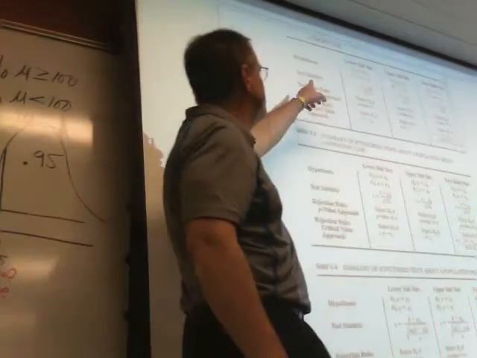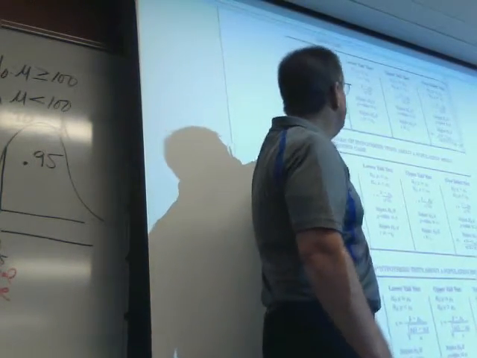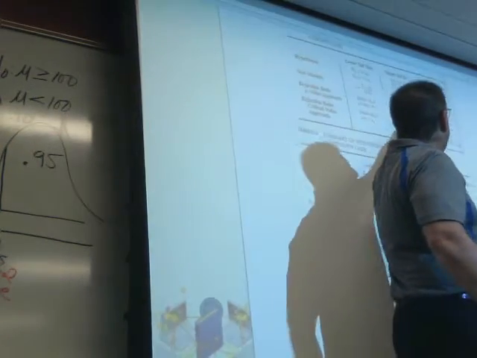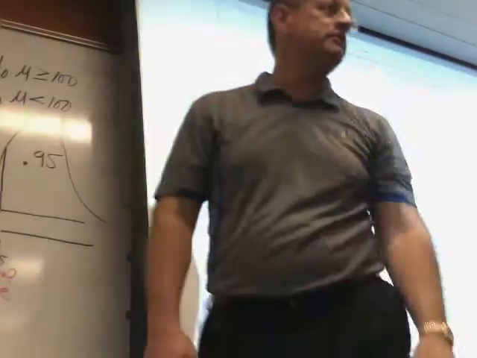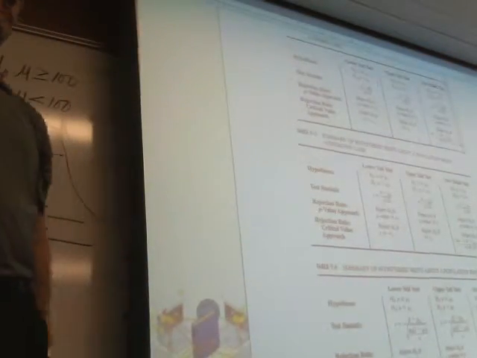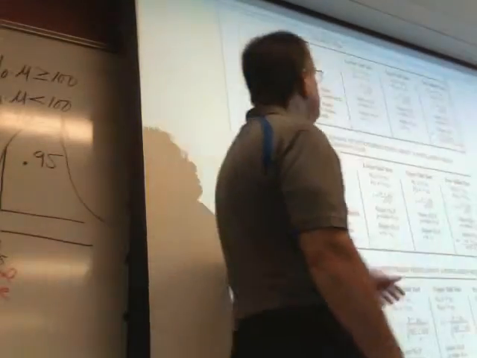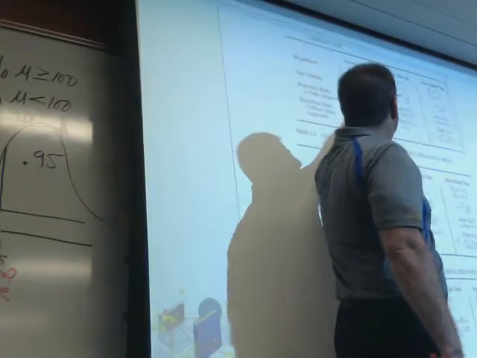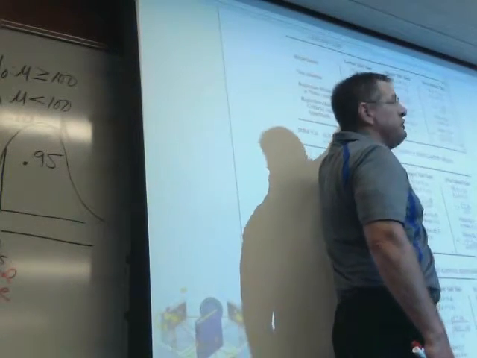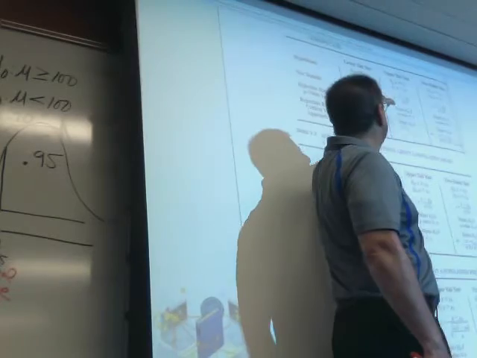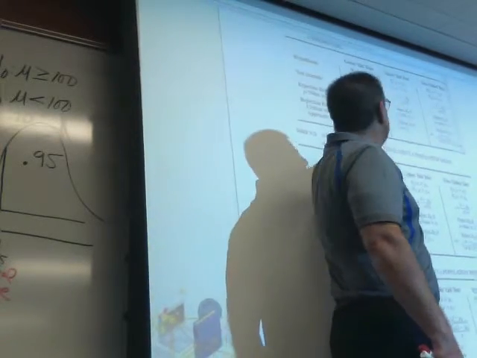Next, when I solve one of these problems, I'm going to find the test statistic. And if you look at your formula sheet, the test statistic is the same regardless if you use an upper tail test, lower tail test, or two-tail test. It's a z-score. Okay? It's a z-score using x bar, that value for mu that you have in your hypothesis test. That's just square peg, square hole goes in there.